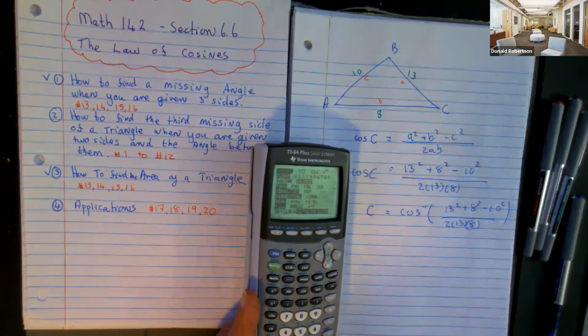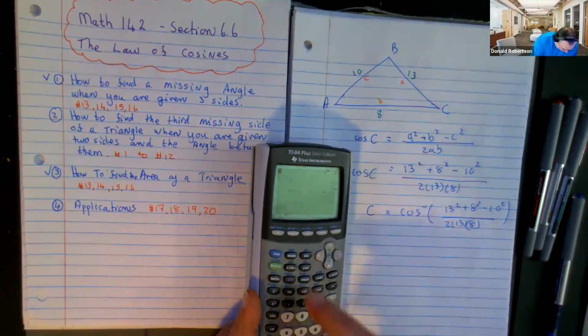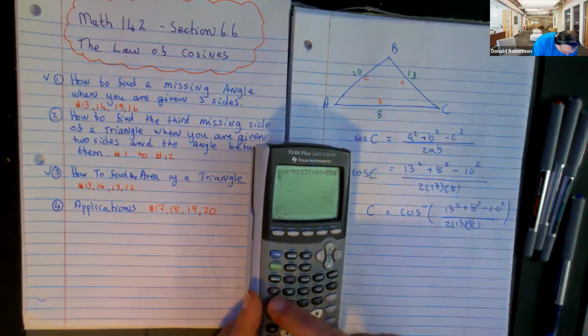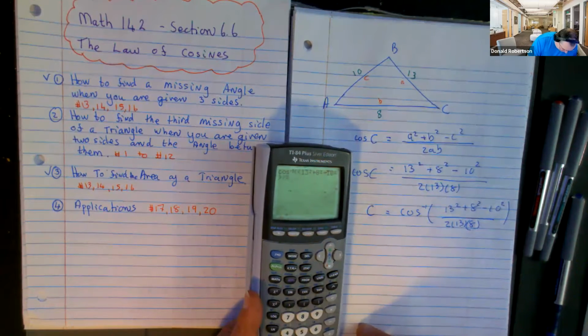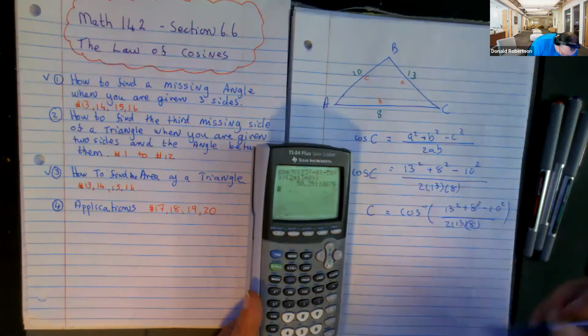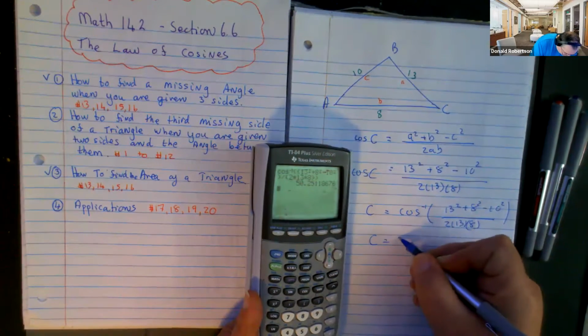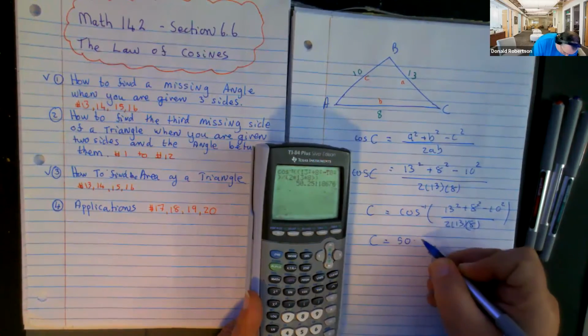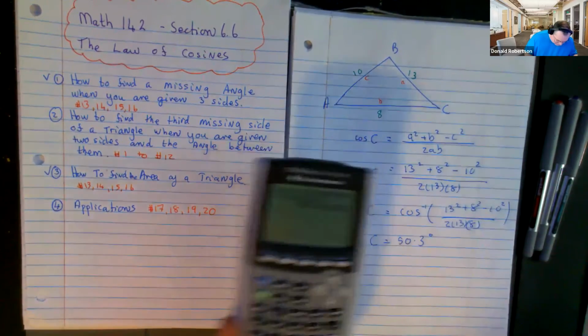Make sure I am in degrees, so inverse cosine, and then a bracket, 13 squared plus 8 squared, take away 10 squared, divided by, put in another bracket, 2 times 13 times 8, close some brackets, and the answer I get is, to 1 decimal place, 50.3 degrees.